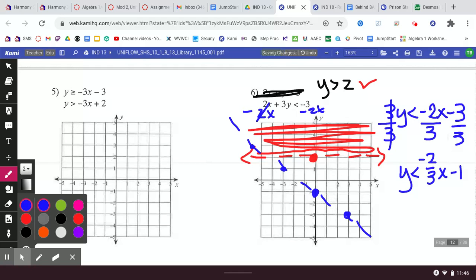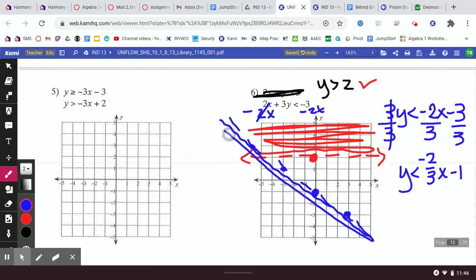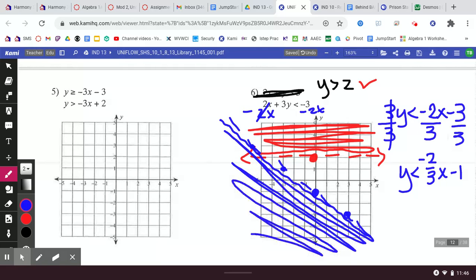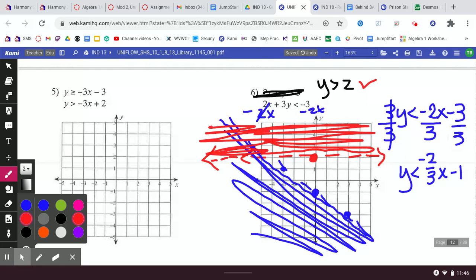And this one is all y's less than, right? All y's less than. So that is under here that I shade blue. And this one goes a little off the graph because I kind of made it up. So if I extended this line out a little bit more and shaded above, right? And then my blue was shaded underneath.